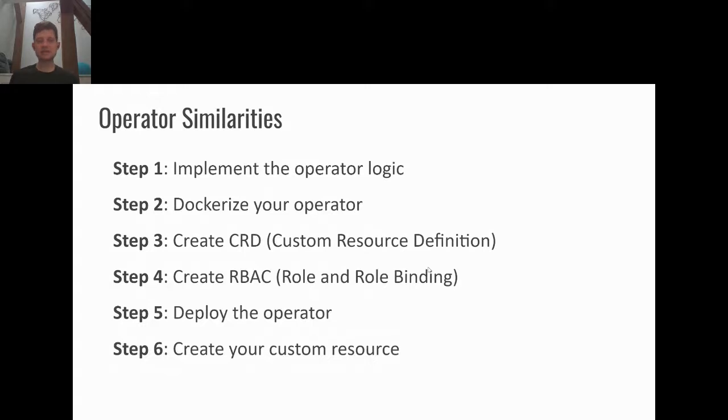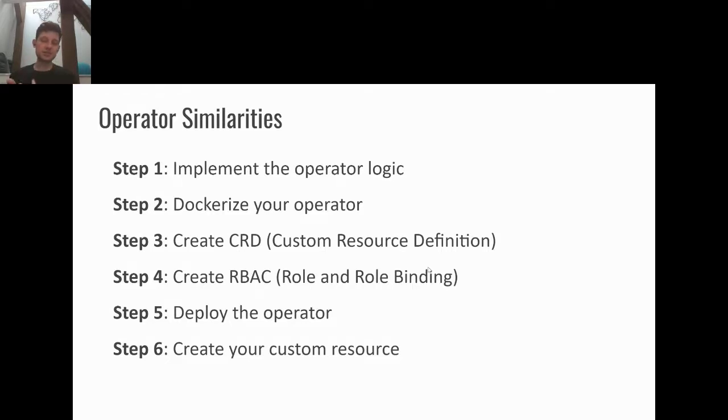So now, if we look at the steps, the only step that will be different for different operator implementations is step 1. You will implement the operator in a different manner, but all the rest will be the same. We will always need to Dockerize it, so Docker build, Docker push. We will need to create a custom resource definition to specify how your custom resource looks.